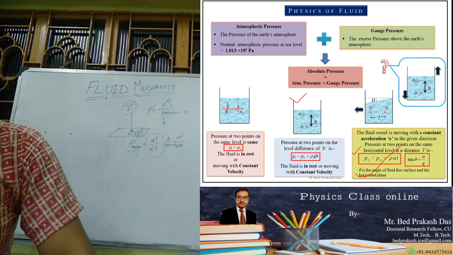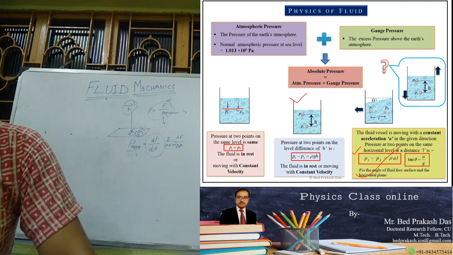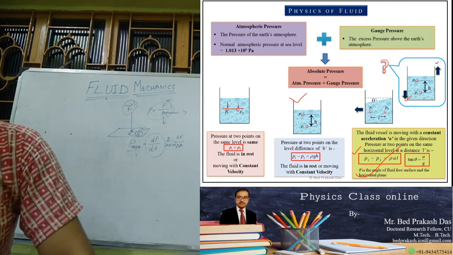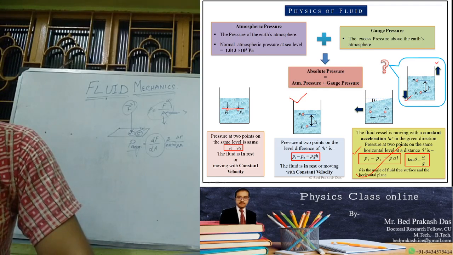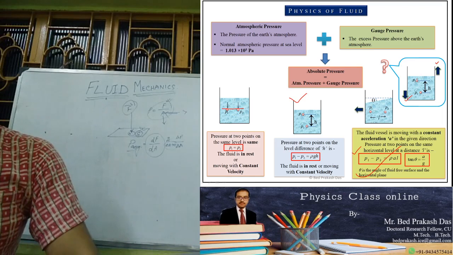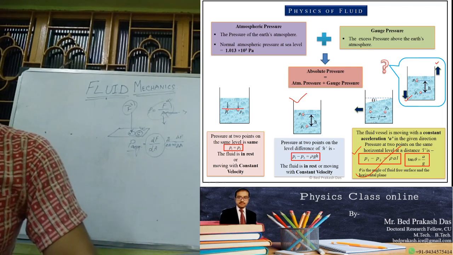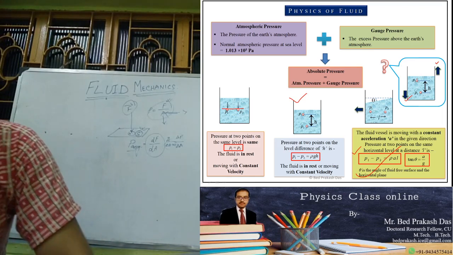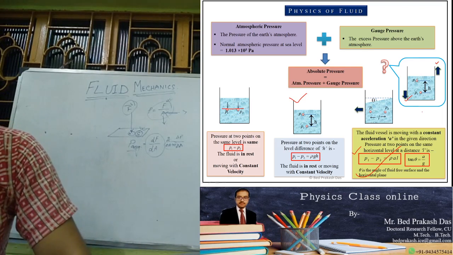Now if, instead of this backward or forward direction, the vessel is moving upward or downward, then what will happen to these pressure points P1 and P2, separated by height h?